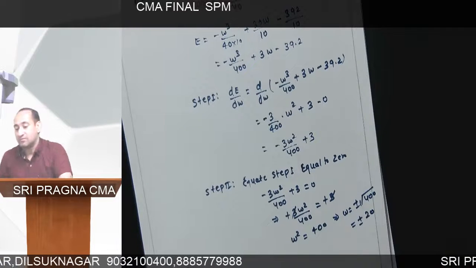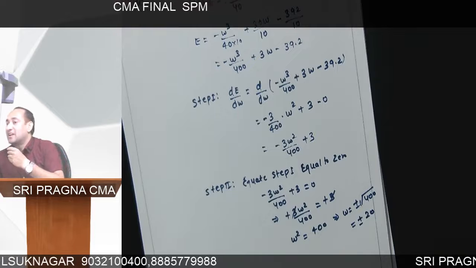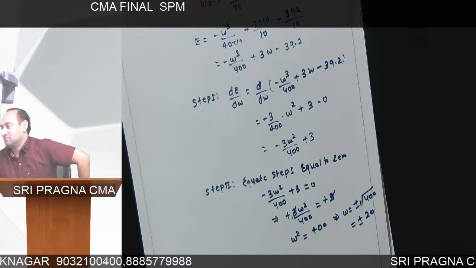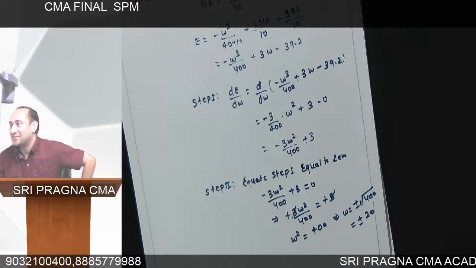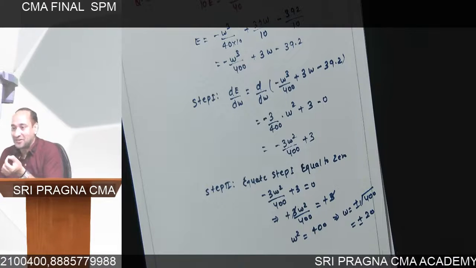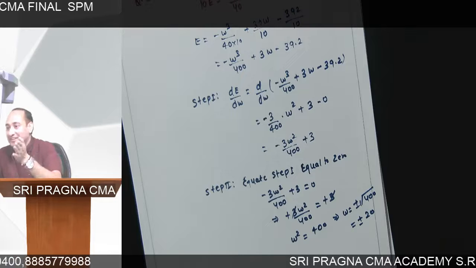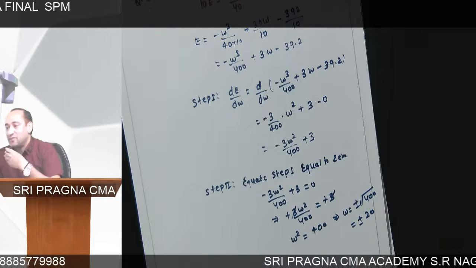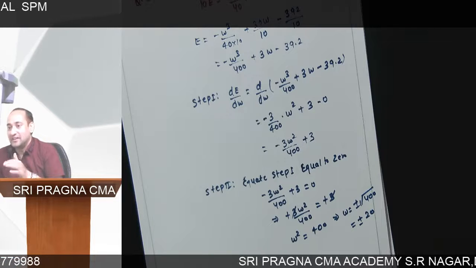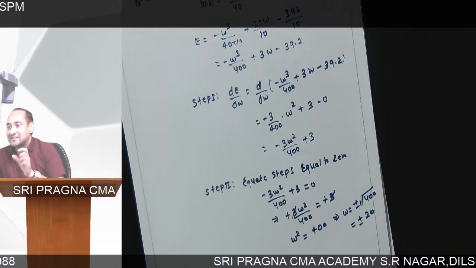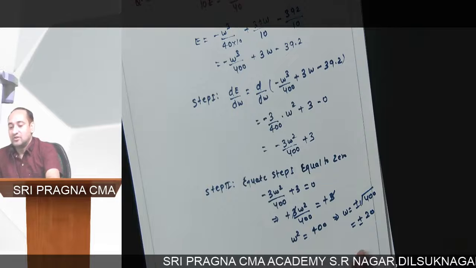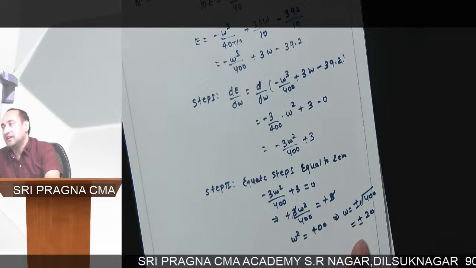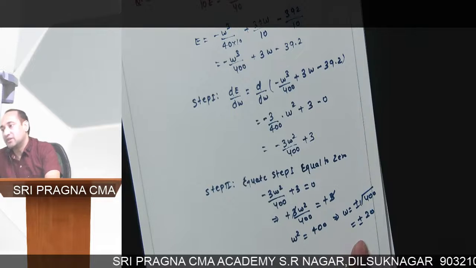So W is equal to plus minus 20. Now, can the number of workers be a negative number? A person cannot be negative. Mentality may be negative, but quantity-wise it cannot be negative when we are talking about persons. So we will ignore the negative value and take the positive value.